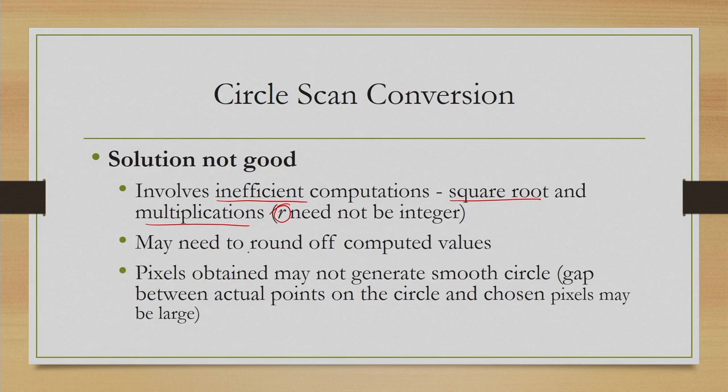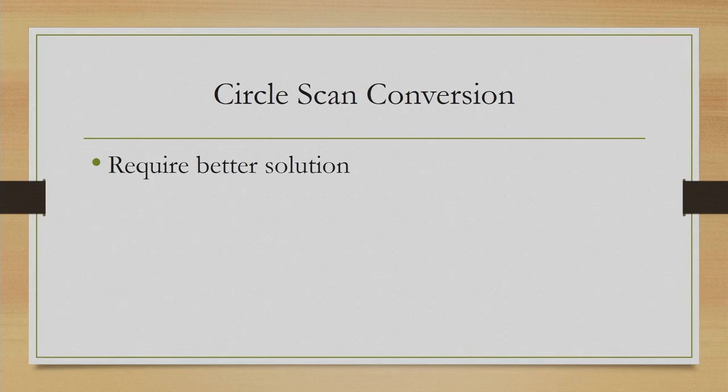We may also need to round off the computed values, which is addition of other floating point operations, and the pixels that we obtain may not generate smooth circle, because there may be gap between actual points and the chosen pixels after rounding off. So, it suffers from many problems, and we require a better solution.